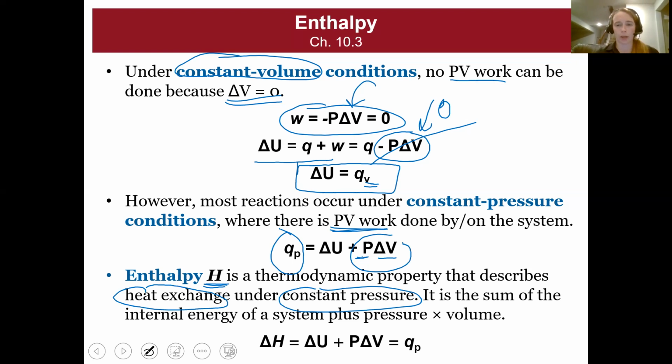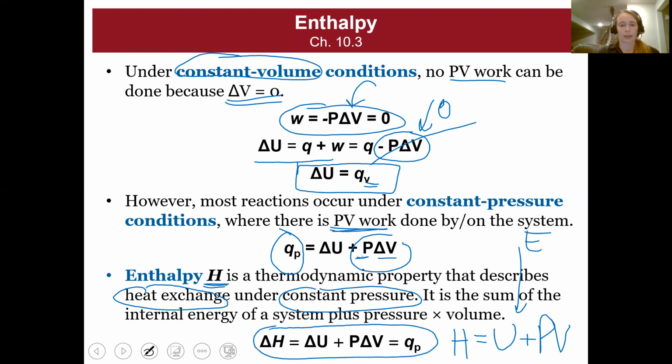So we could write that as, and I think I will on the next couple slides, H equals U plus PV. Sometimes we use an E instead of a U, so I might use that interchangeably, sorry. So this is our definition of enthalpy, and this is our definition of the change in enthalpy.